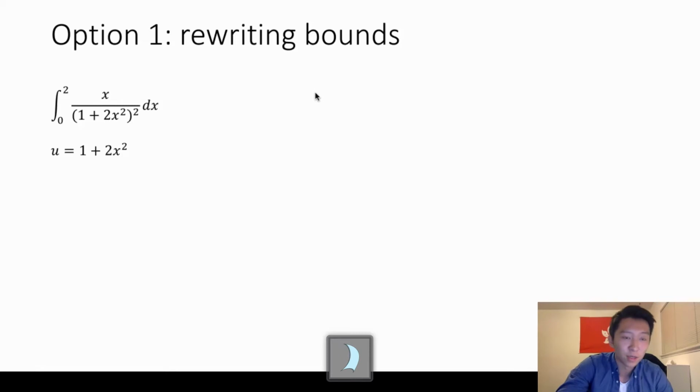You try to find u first, a part of the integrand whose derivative is another part of the same integrand. In this case, if you set u to be 1 plus 2x squared, you can immediately see that if you differentiate this, you get du over dx equals 4x. And since you get that, you can later on cancel out the x's.